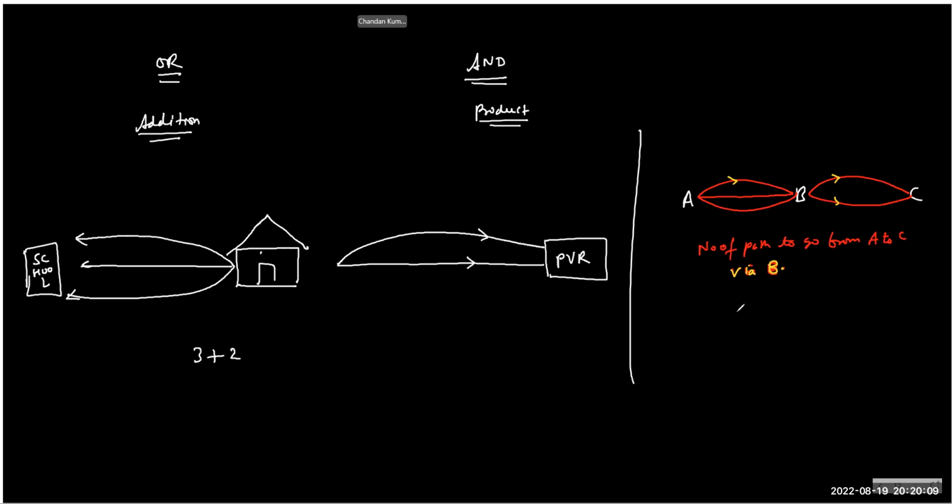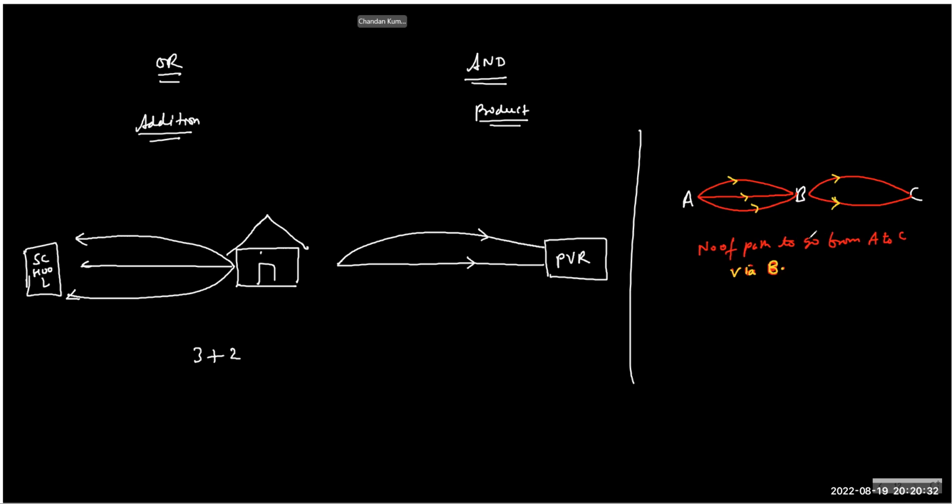Can you see? To go from A to C, we have to go from A to B and from B to C. So you will go from A to B and you will go from B to C. The AND is inherently there.